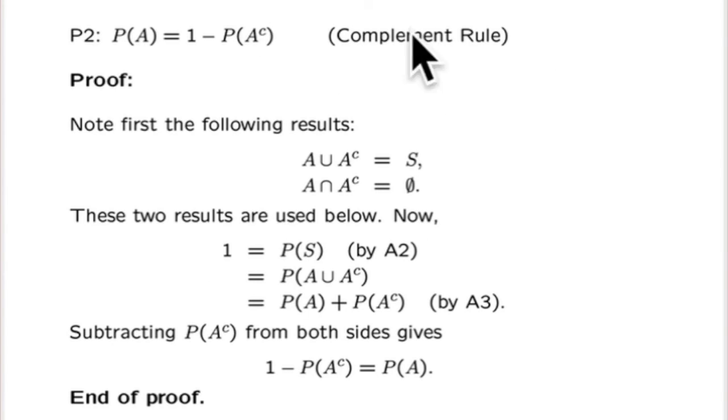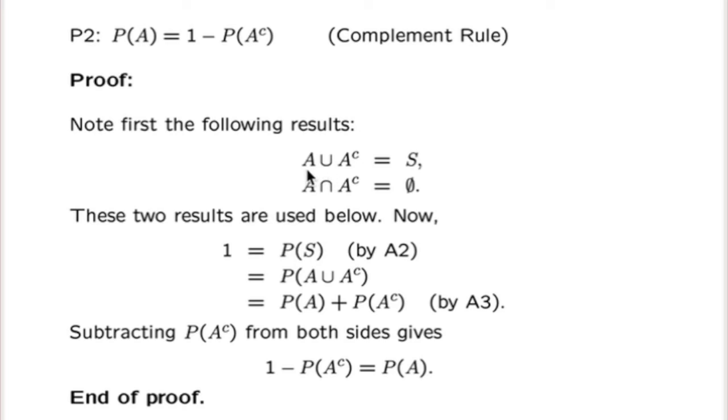All right, now let's prove the complement rule. In this form of the complement rule, the probability of A is equal to 1 minus the probability of the complement of A. So again, we're going to note some useful results. First, the union of the event, well, let's think about this as a set first.